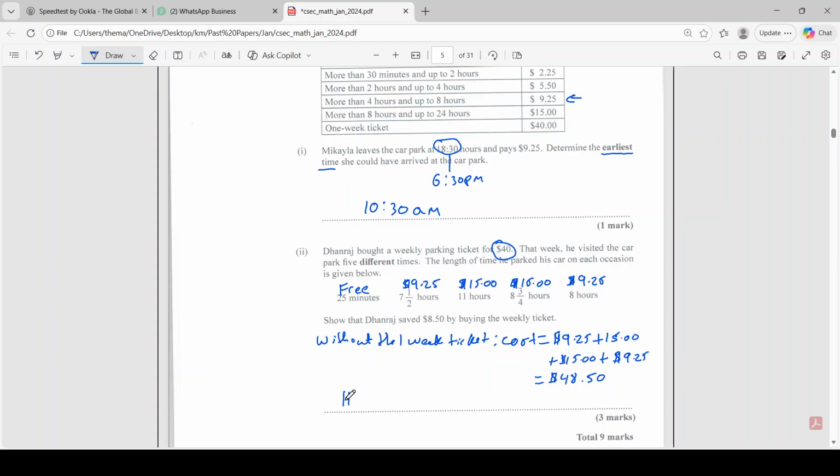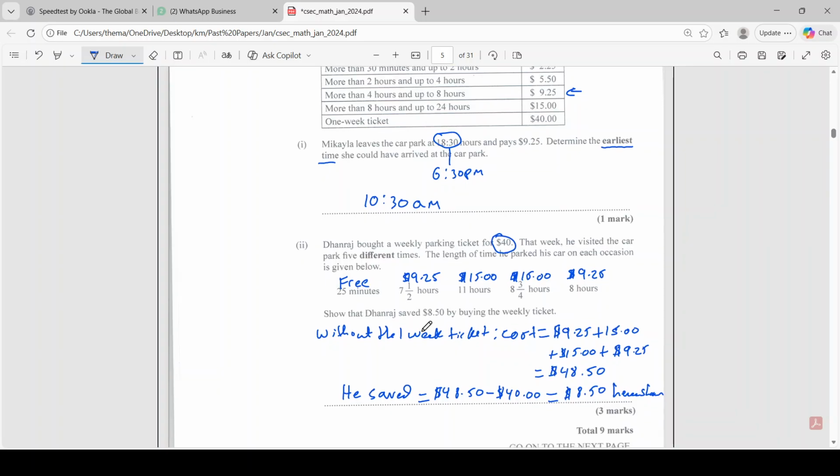So how much would he save? Without the 1 week ticket, he would have spent $48.50, and if he took the 1 week ticket, he would have just paid $40. You subtract those two and we get how much he would have saved, which is $8.50. And we were asked to show $8.50, so hence shown. Alright, so that is the end of January 2024, question 1.